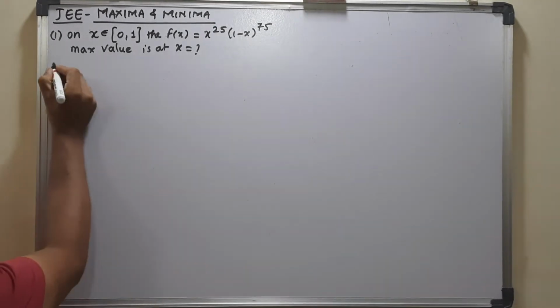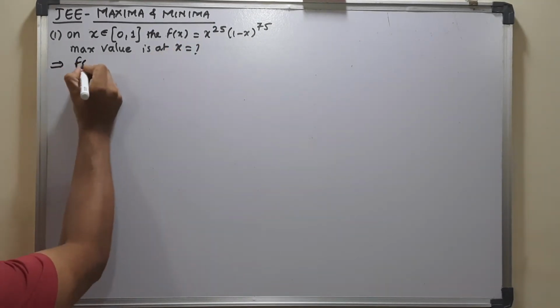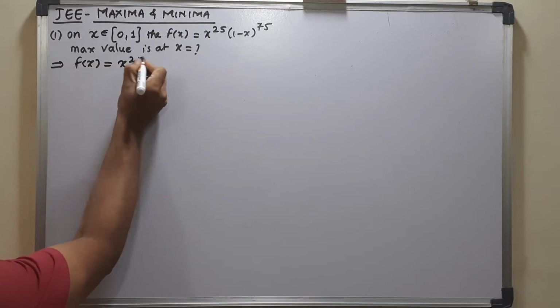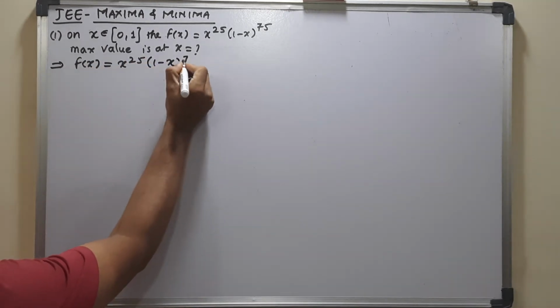For minimum or maximum, you need to find f dash x. The function is x raised to 25 into 1 minus x raised to 75.